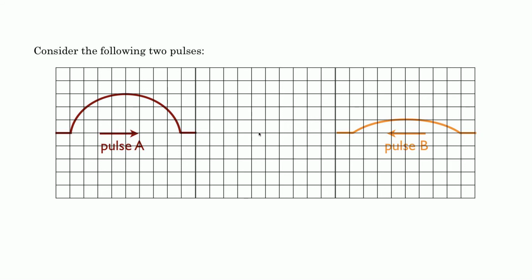When those 2 waves meet each other here in this region, and at this point in space and time, they will result in a pulse that equals the addition of their amplitudes. So here we've got, at its peak, an amplitude of 3, and here at this wave's peak we have an amplitude of 1, and so the amplitude of the resulting pulse right in the middle would be 4.